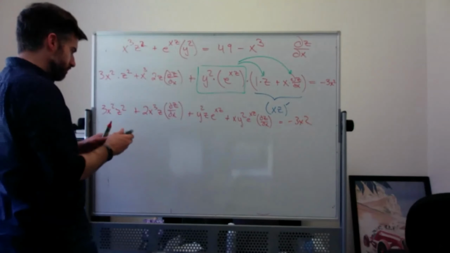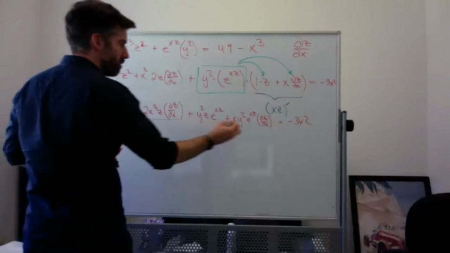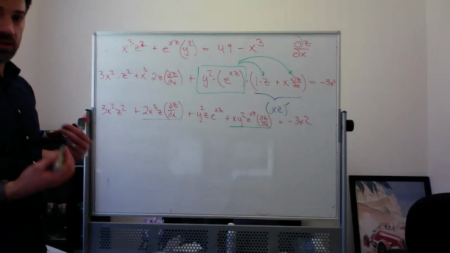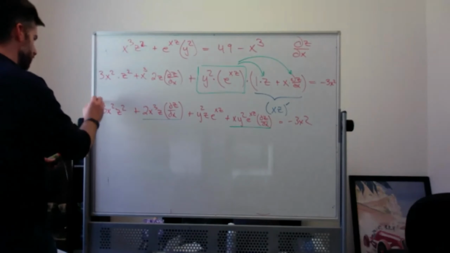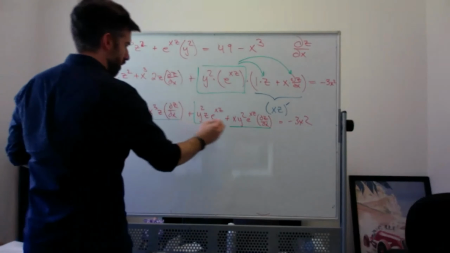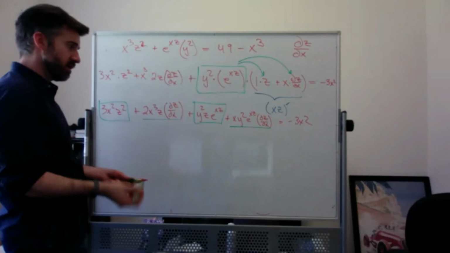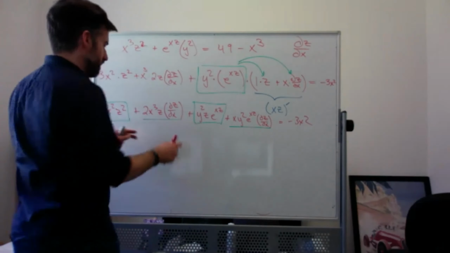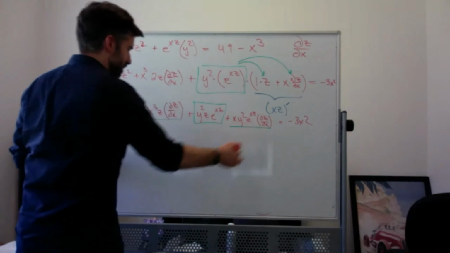And then these terms here both have my derivative del z del x. I'm going to leave them on the left. The other terms are going to get subtracted over to the right. So I'm going to have, and I like to do the factoring this time as well, so I'm going to factor out the del z del x in these two terms.